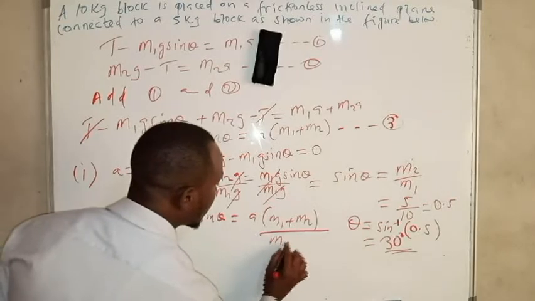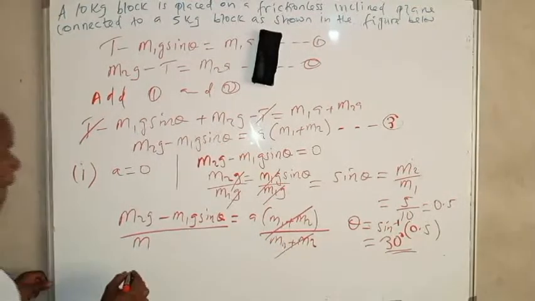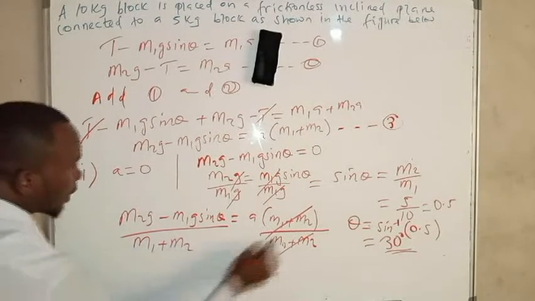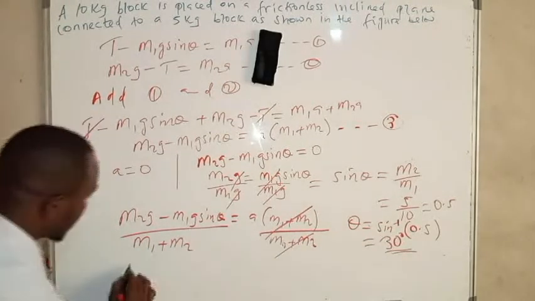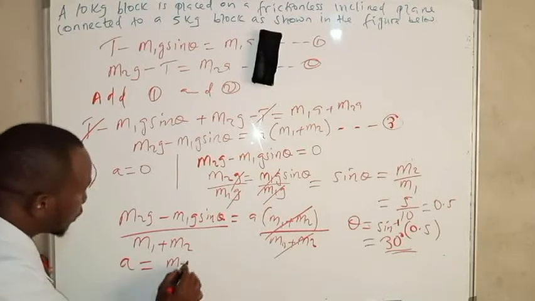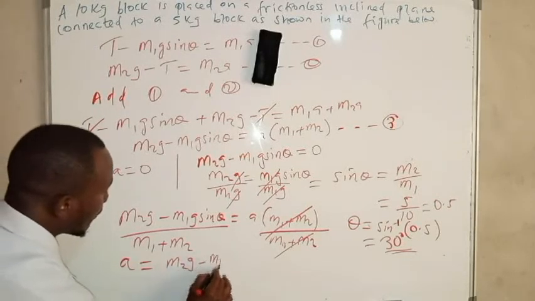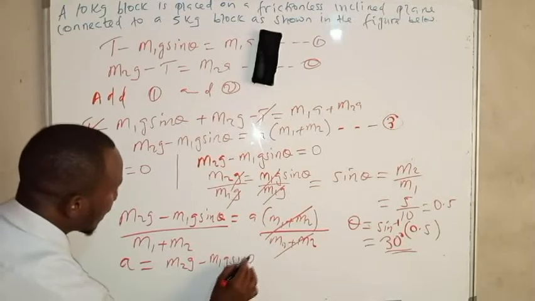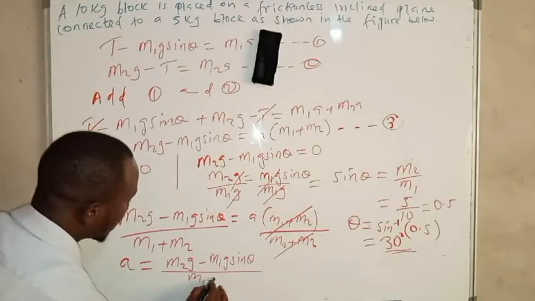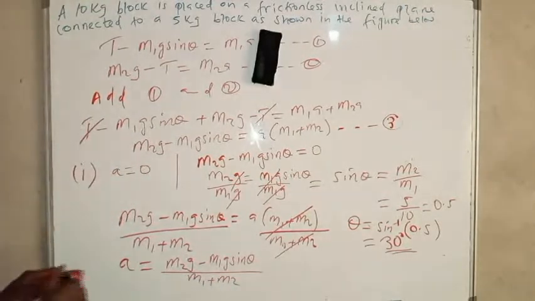So this and this will cancel, and we have a equal to m2g minus m1g sine theta over m1 plus m2.